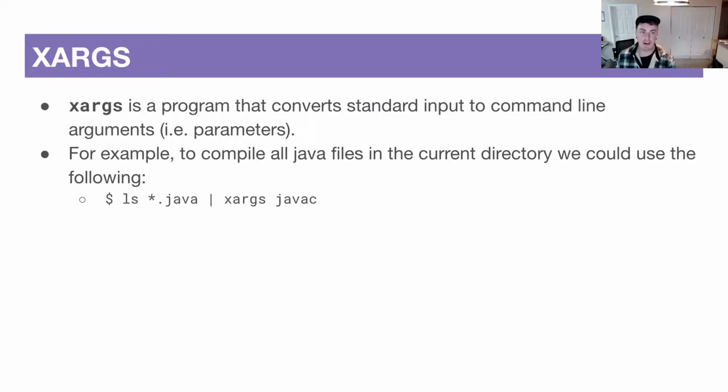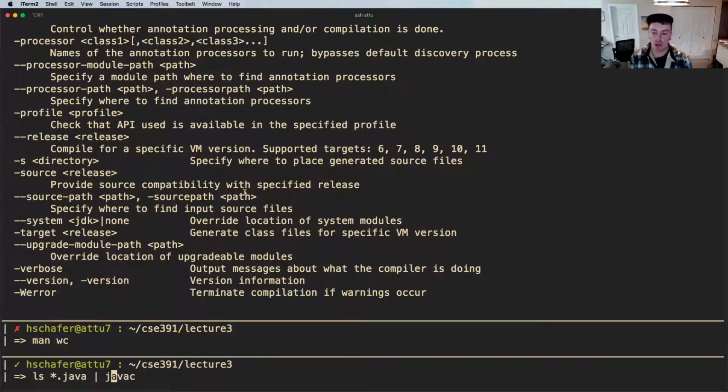It converts standard input to command line arguments, or we also call those parameters, so that you can do this kind of piping things together. So let me show you how to do this first. You just change this command to call the xargs command. Now notice what this is doing, the way you read this command is you start by lsing *.java.